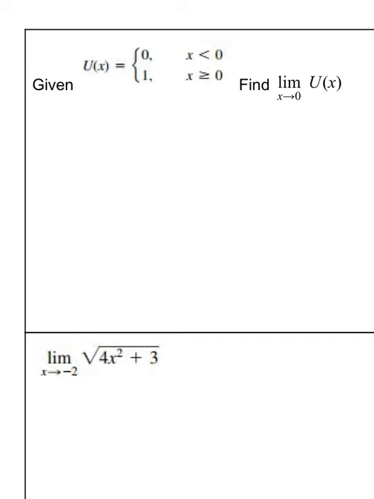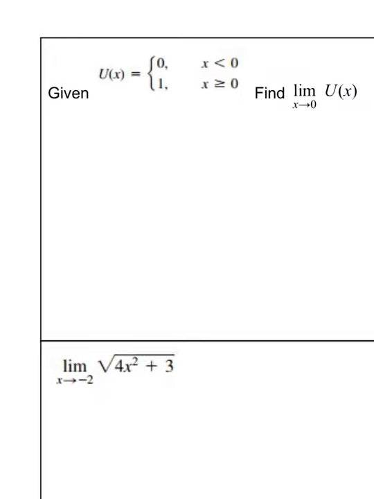But my concern is, even though I know that u of 0 equals 1, my concern is that at x is 0, there's the breaking point of this piecewise function.